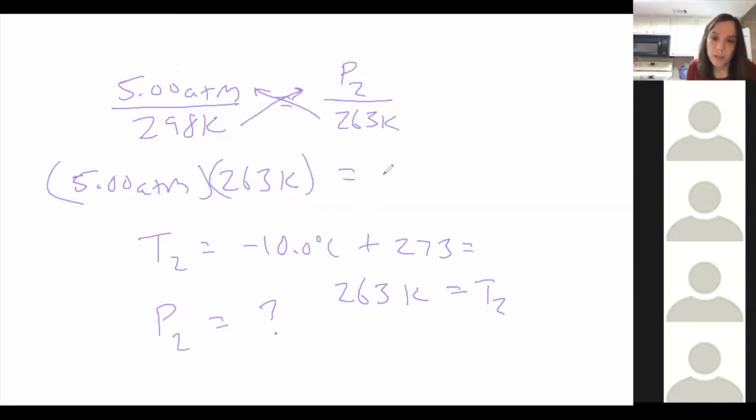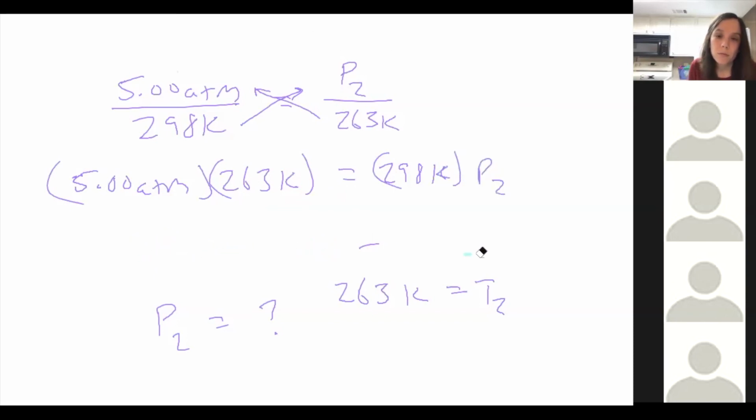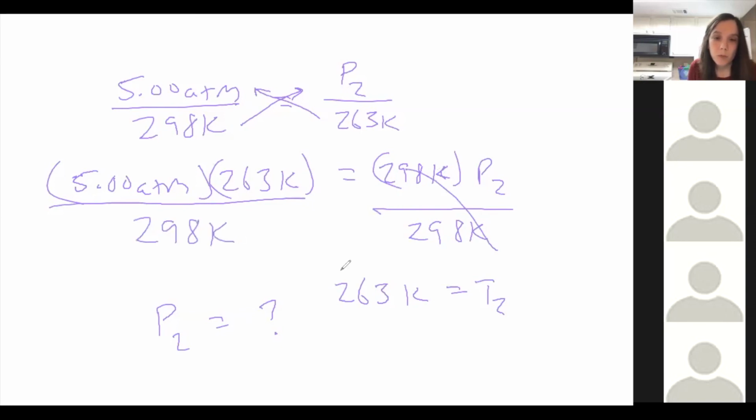Then on the right-hand side, we get 298 Kelvin times P2. Divide both sides by 298 and solve for P2.